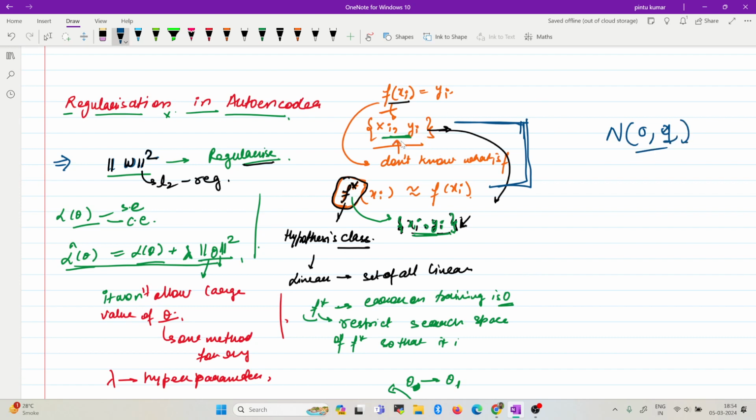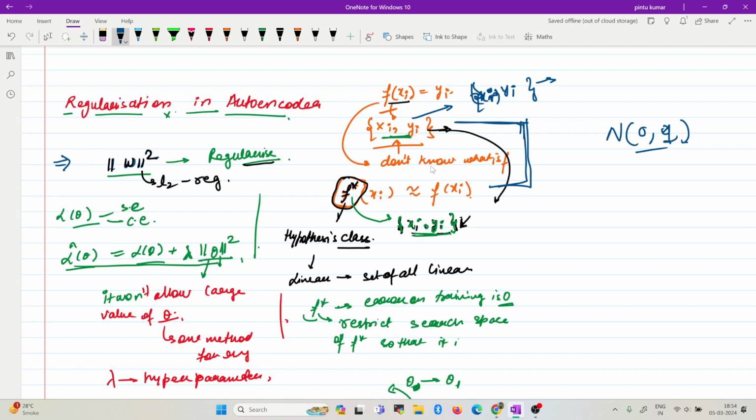So if I perturb my data xi, yi by some small amount, then the output should not change. If I'm able to find this kind of function, so that if I perturb my data a little bit and my output does not change, then I'm able to regularize my model, right?